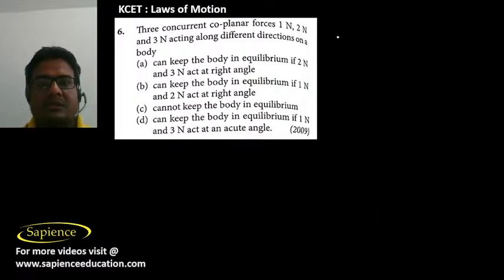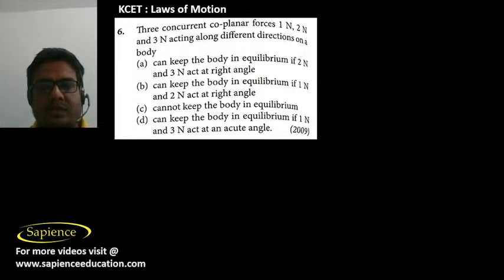Then it is told that three concurrent coplanar forces, 1 Newton, 2 Newton and 3 Newton, are acting along different directions on a body. Three concurrent coplanar forces acting along different directions on a body can keep the body in equilibrium.